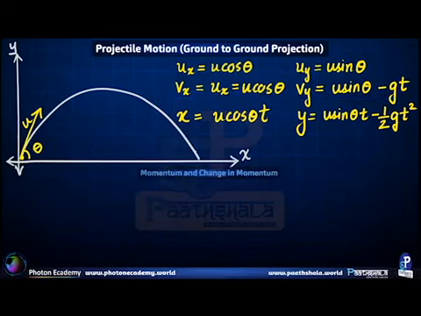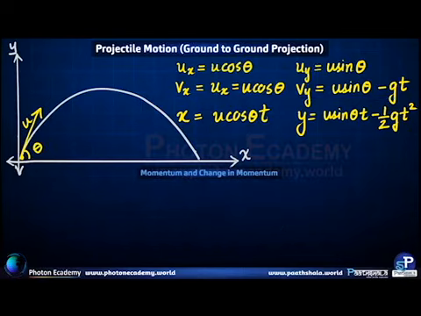So what is the momentum and the change in momentum? Usually some questions are asked relating to projectile motion, wherein let's say this initial point is given, let's say this point is A, and let's say some final point is given, let's say this point is B. So you know the initial momentum, that is the momentum at point A, and the final momentum.